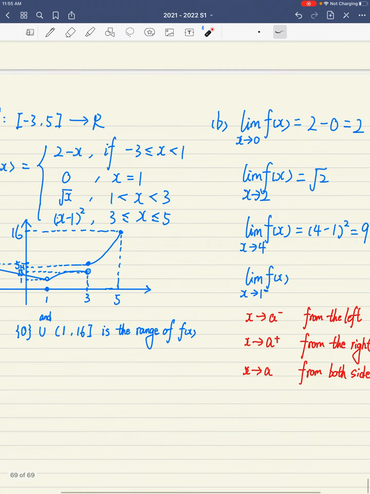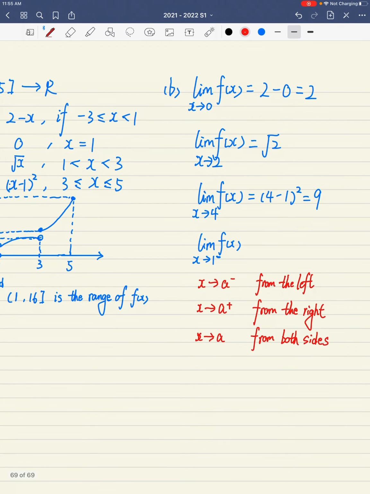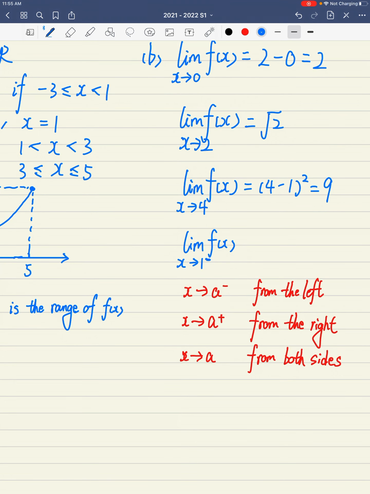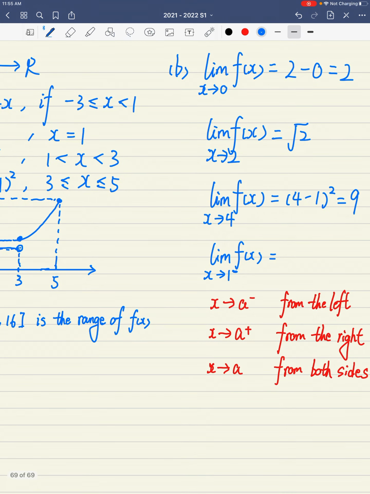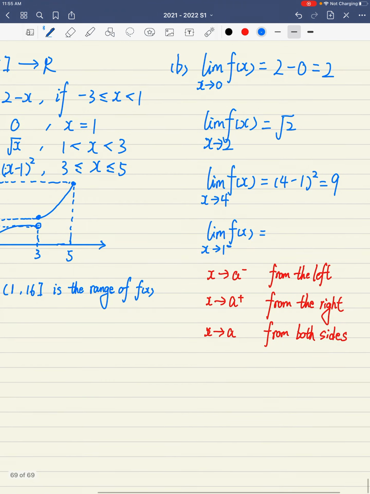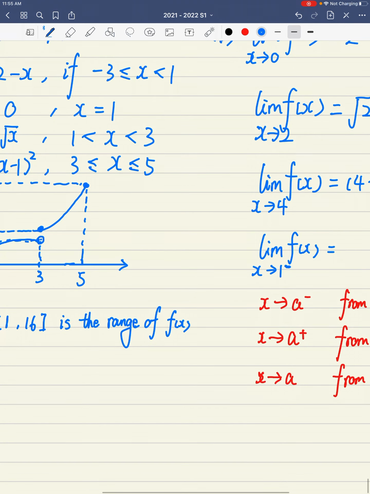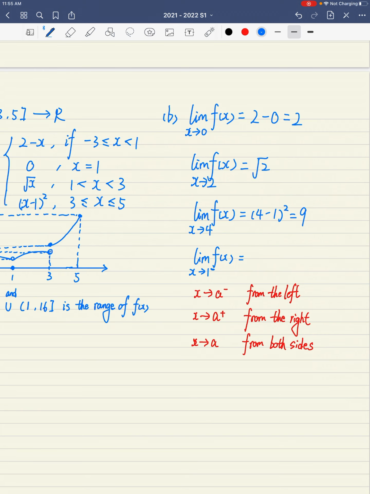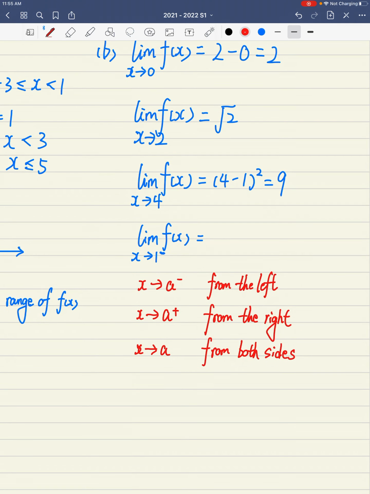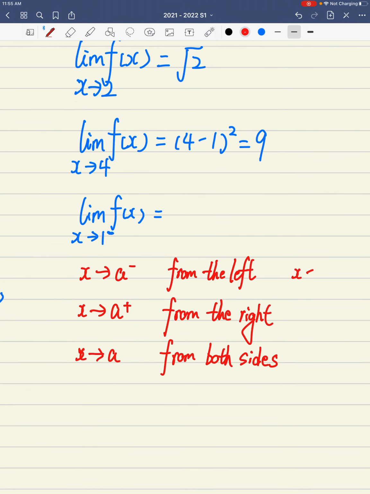So just read it from the graph, it's 1. How do you get 1? Another thing is when x is approaching a from the left, that means your x is always slightly smaller than the number.